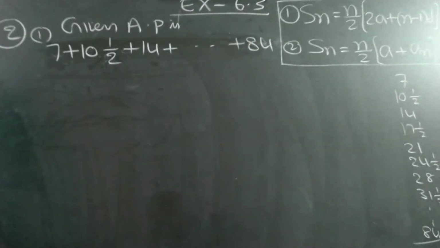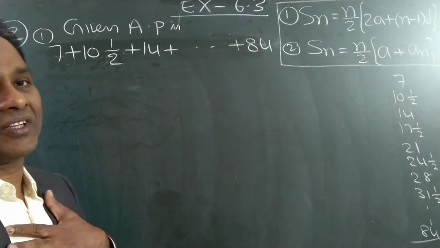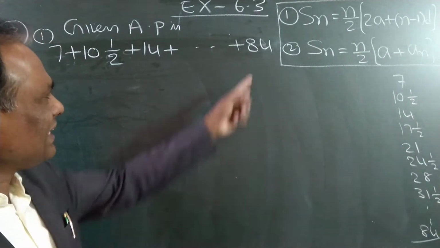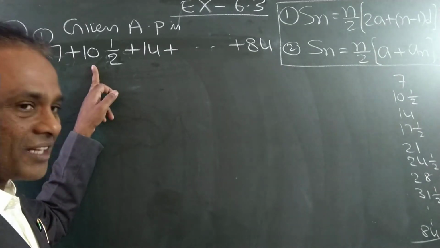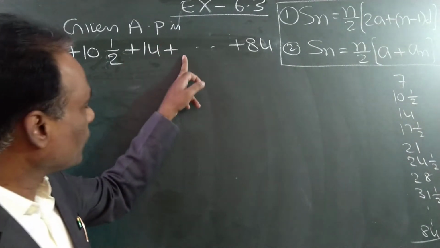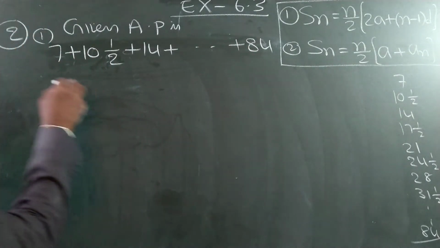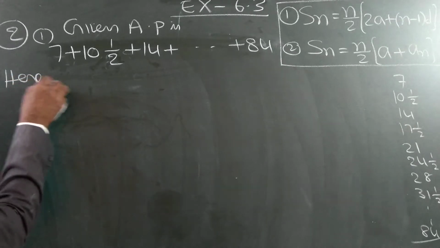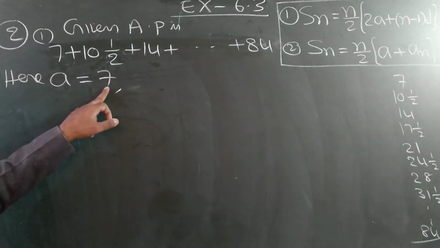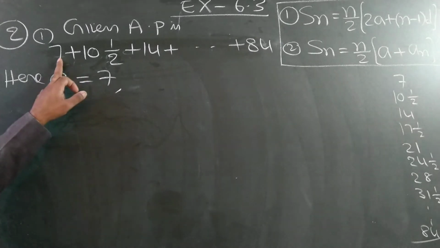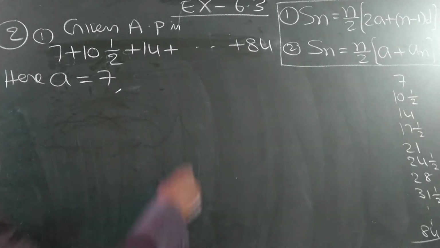Now see here. How many terms does this series have? That is our question. That is nothing but, 84 is which term? This is the first term. This is the second term. This is the third term. Next, fourth term. 84 is which term? That we have to find. See here. Here a is 7. First term is denoted by a.